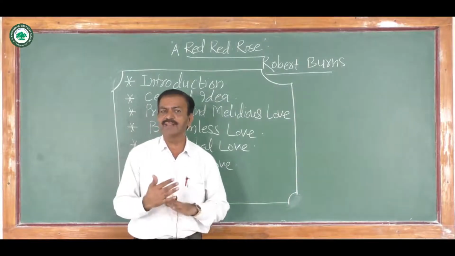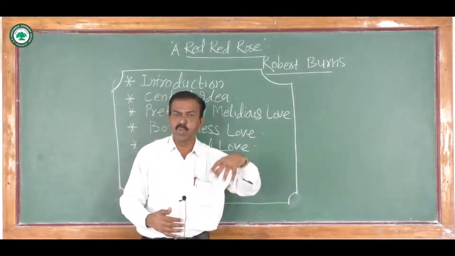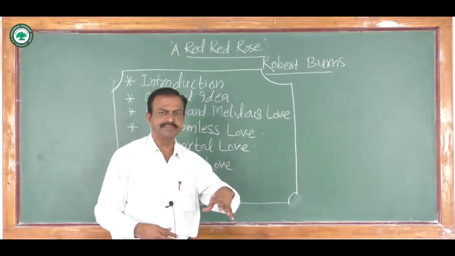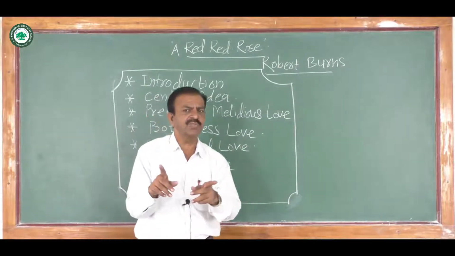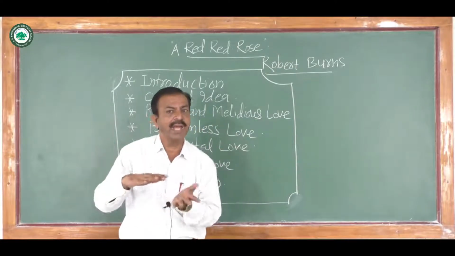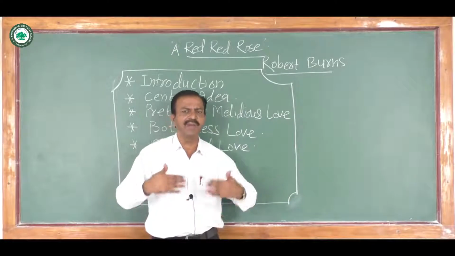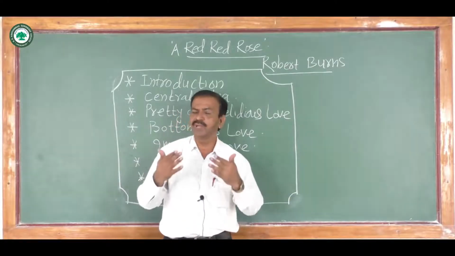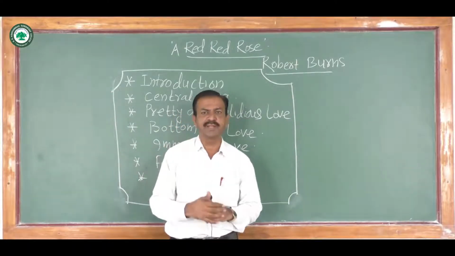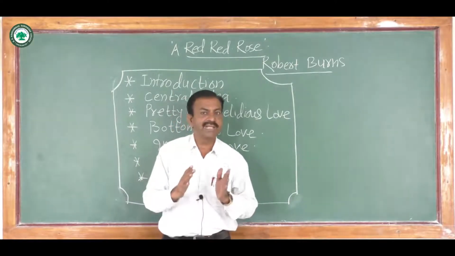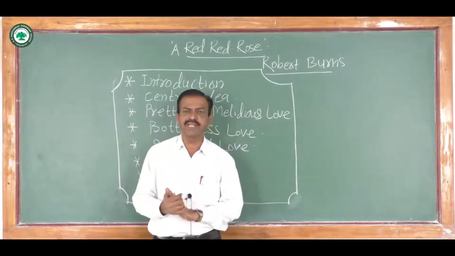And in the next line, the poet says, so deep in love am I. You see the structure, not I am I. So deep in love am I means the poet is going to say that his love is not shallow. It is not the physical love, we can say.